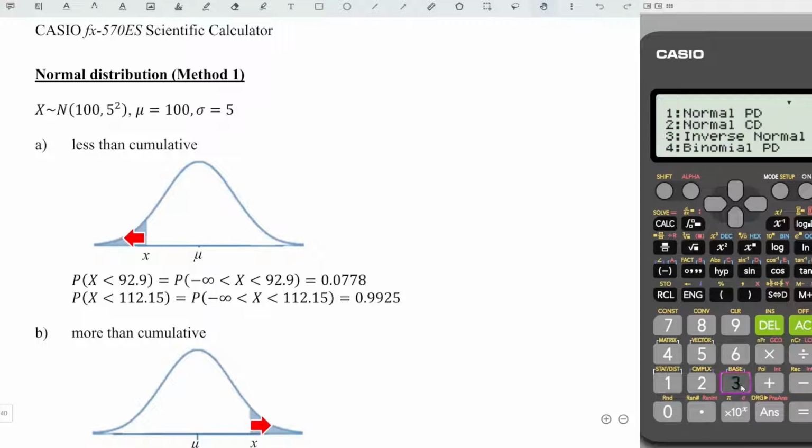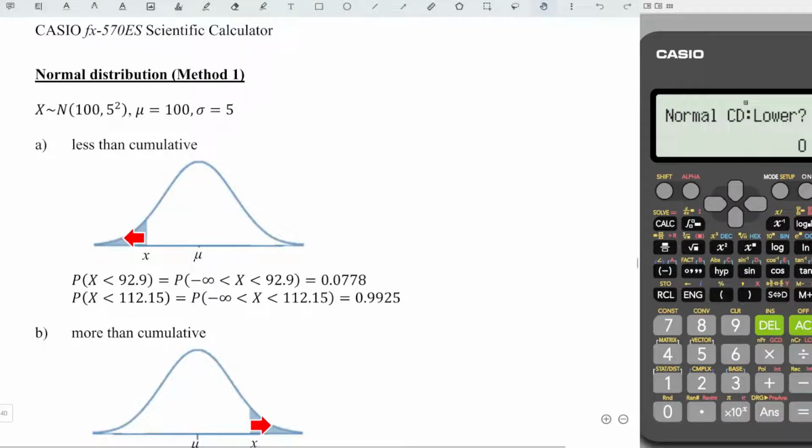Press on 3. And we should look for second normal CD, which stands for cumulative distribution. Normal CD lower. Lower here is the minimum value. For less than cumulative, which means that we have to the left. And we should always bear in mind that for any normal distribution, the x value can range from negative infinity to positive infinity.